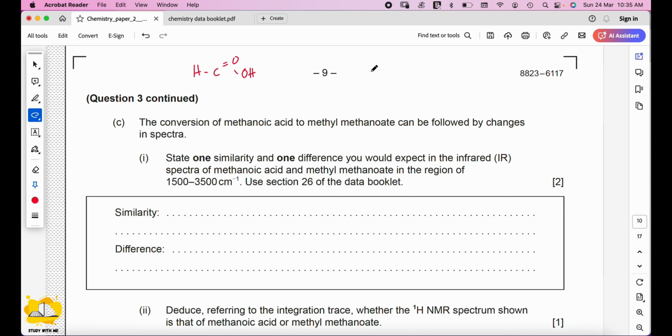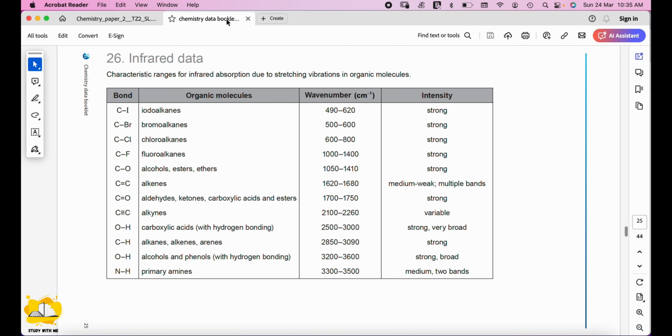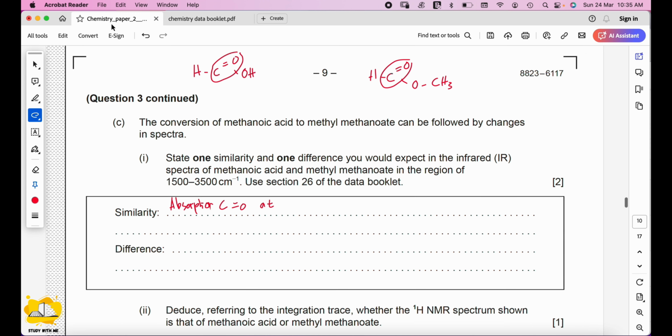and the structure of methyl methanoate, we find the similarities that both of them have C double bond O. So absorption of C double bond O at 1700 to 1750.